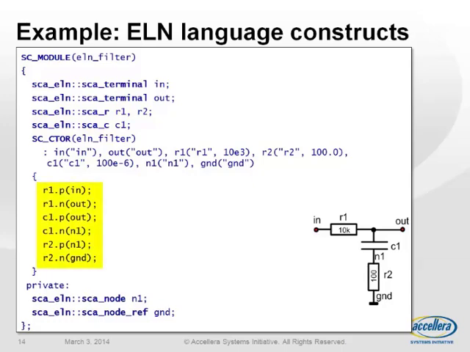You just follow the traditional rules to define a netlist, and you connect the component like this. Because there is an internal node here, N1, we have to declare SCA node called N1 in the private section of the model, and you have to add also a node reference here.